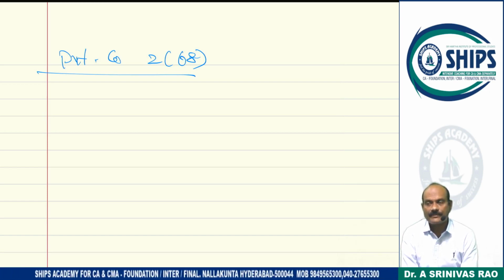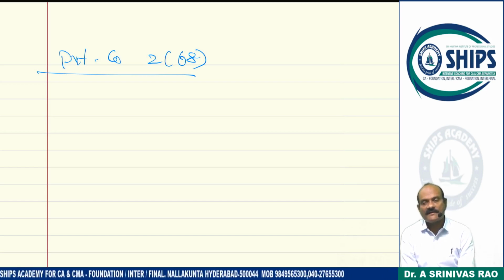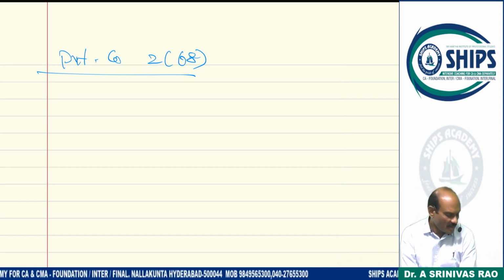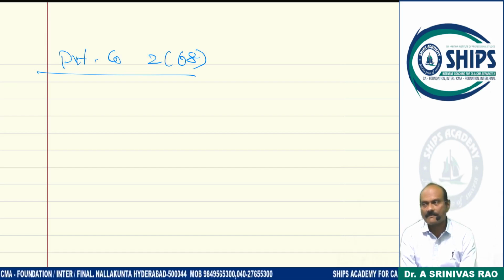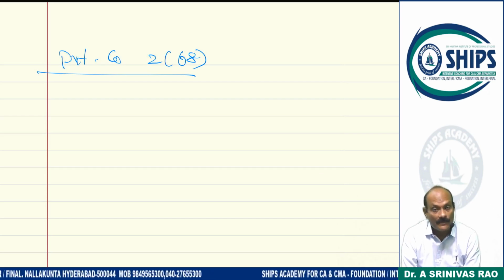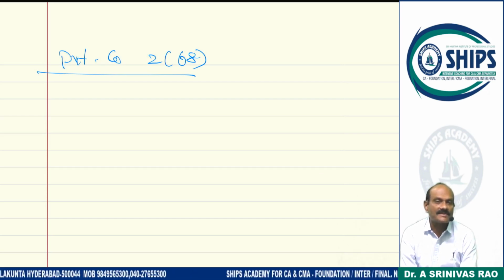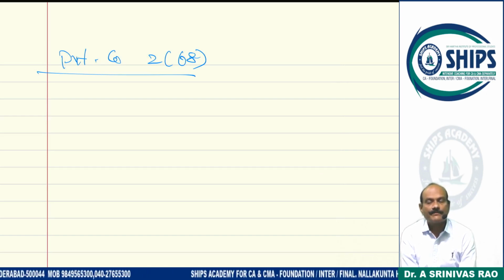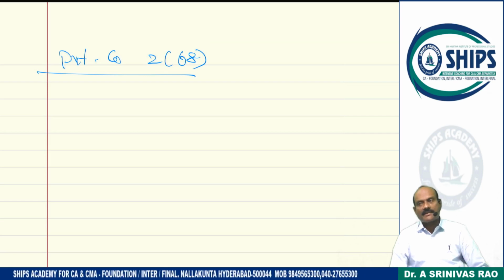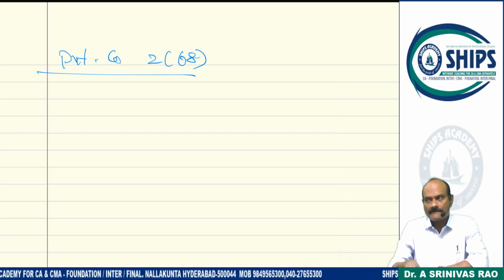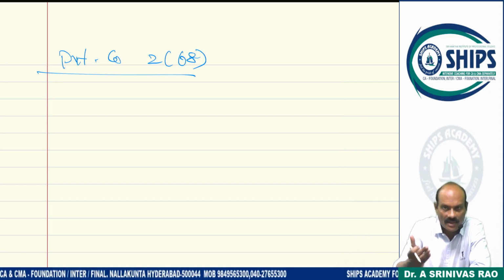Second, restrict the transferability of the share. Third, prohibits issue of prospectus. Minimum directors 2. Yeah, up to here. When I am explaining, if you want, you can continue with your running notes.